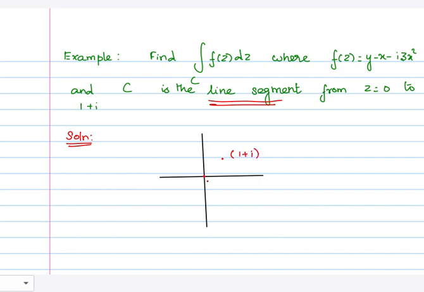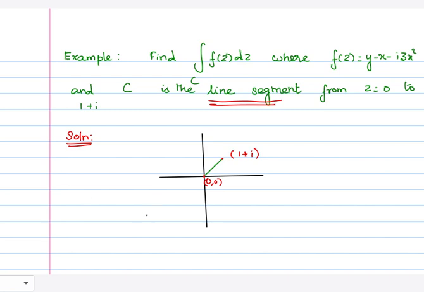This point is (0, 0). So they give the line segment, correct? This is my line segment, and I want to find its parametric form.